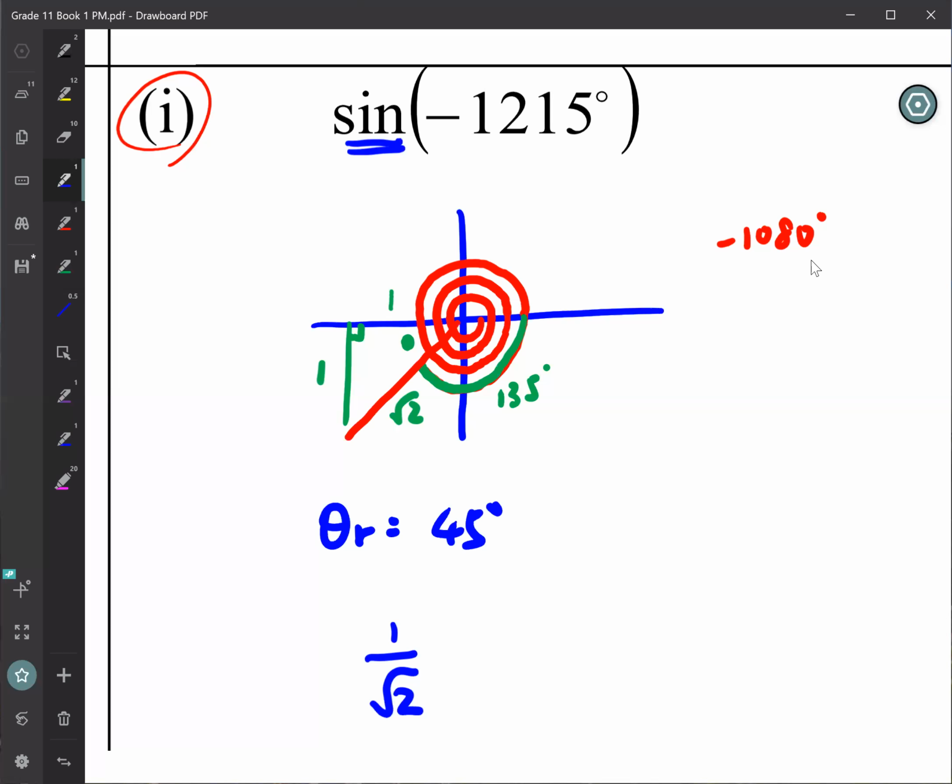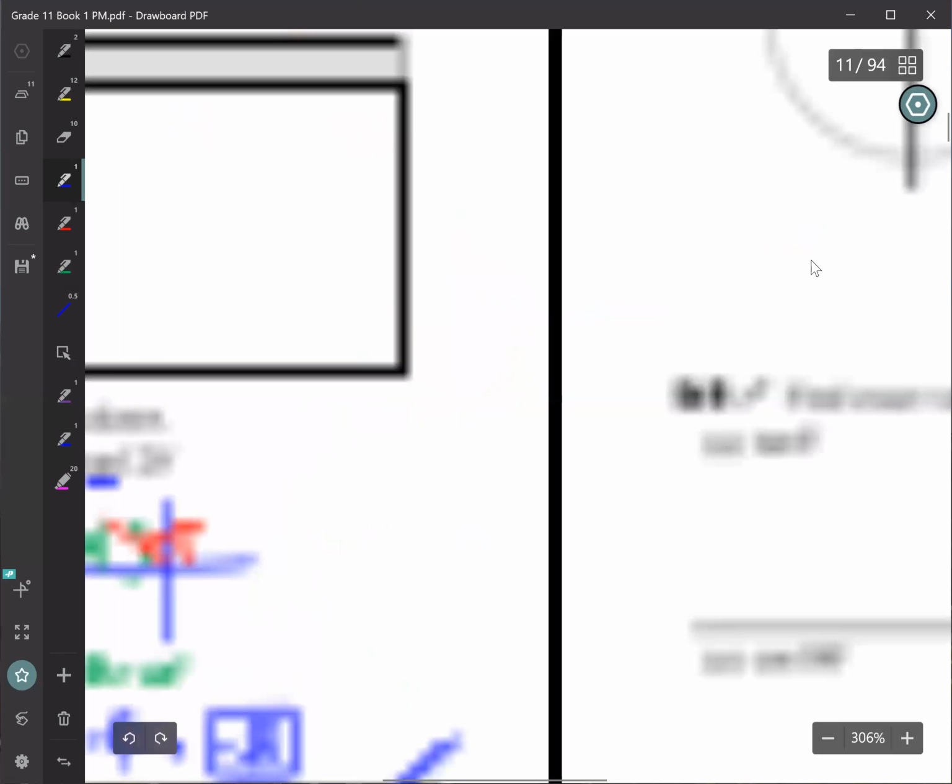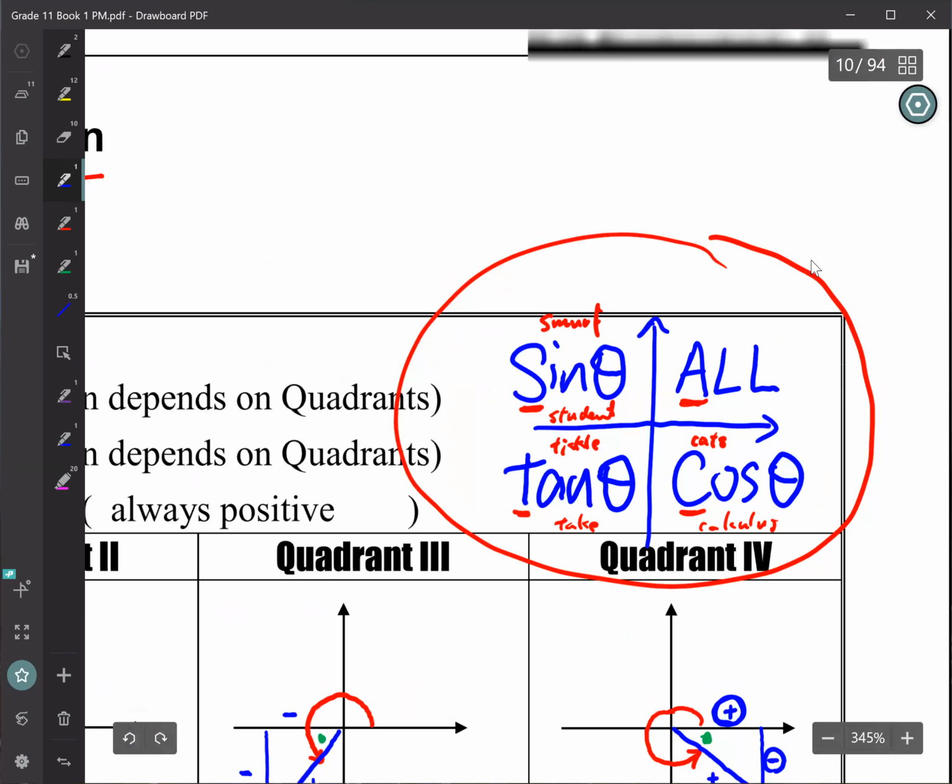Okay, so can you tell me which one is positive in quadrant 3? You have to look at this chart. All Students Take Calculus, that's for checking positive, negative. So quadrant 3, who's positive there?